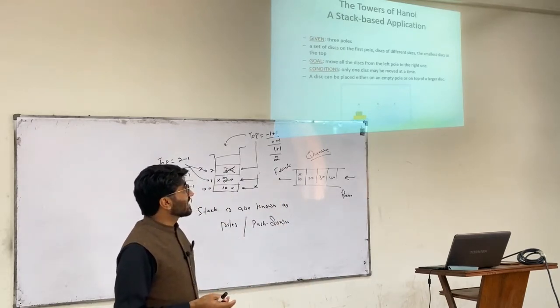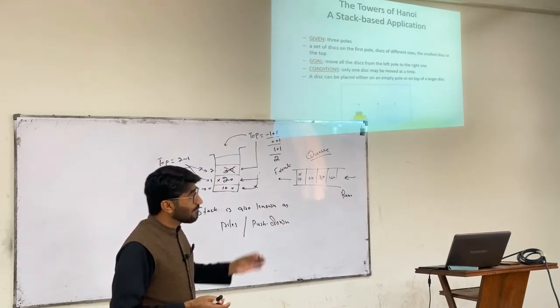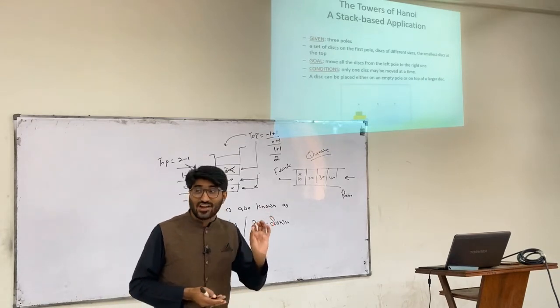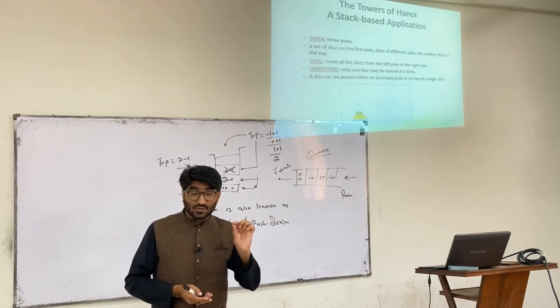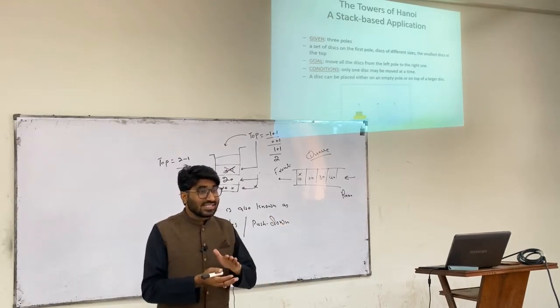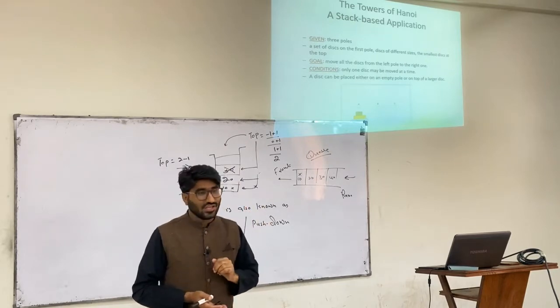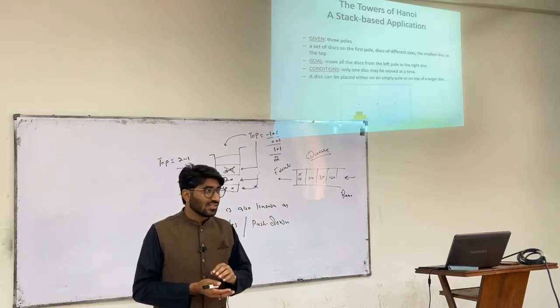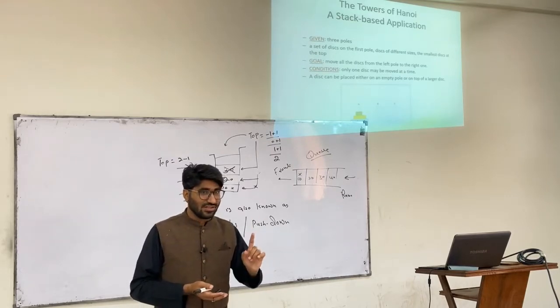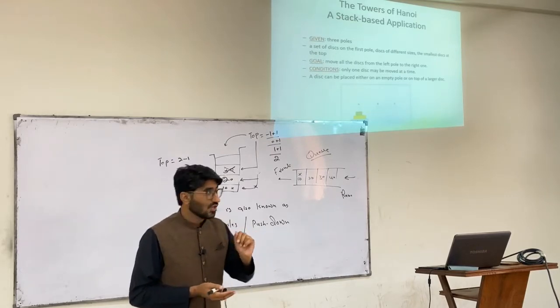Rule number 2, this can be placed either on an empty pole or on top of a larger disk. Either you place the disk on an empty pole, or a smaller disk must go on top of a bigger disk. You cannot place the larger disk on the smaller disk, right? You cannot do that. These are the 2 rules you have to follow.